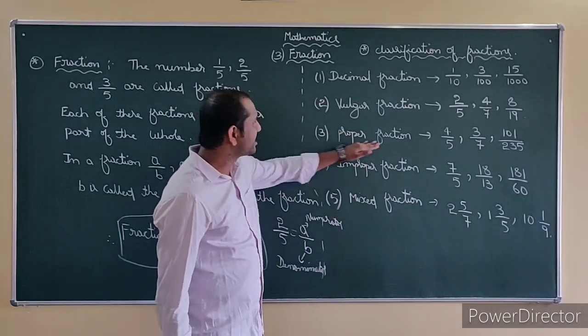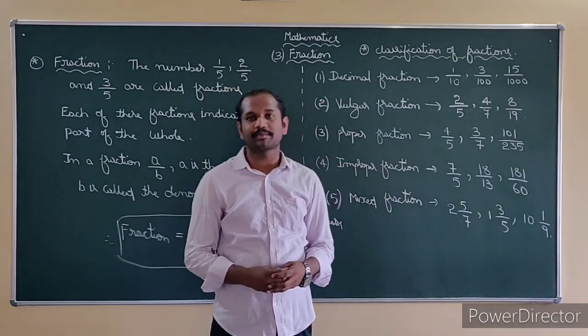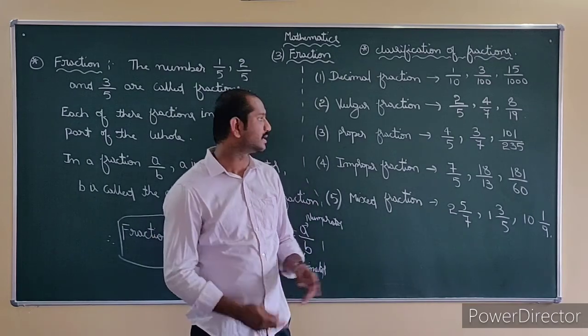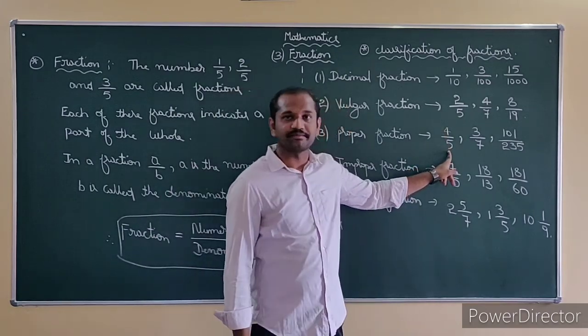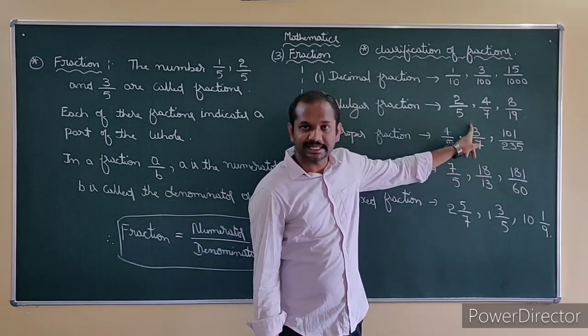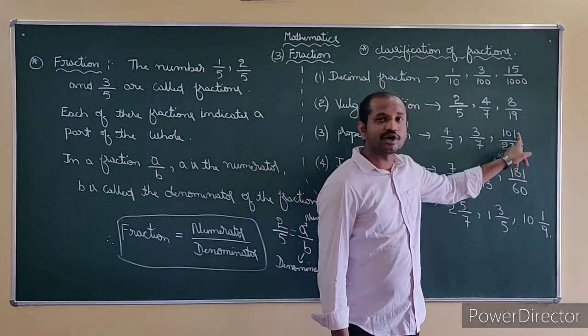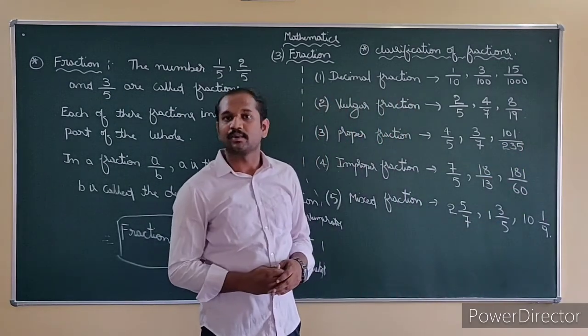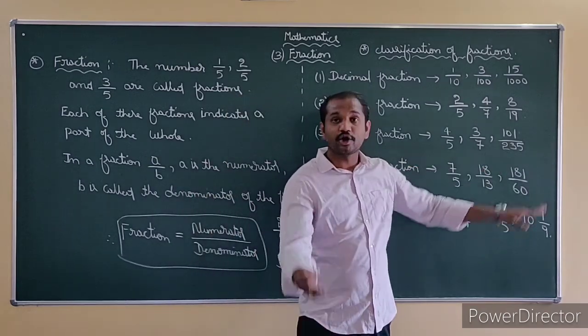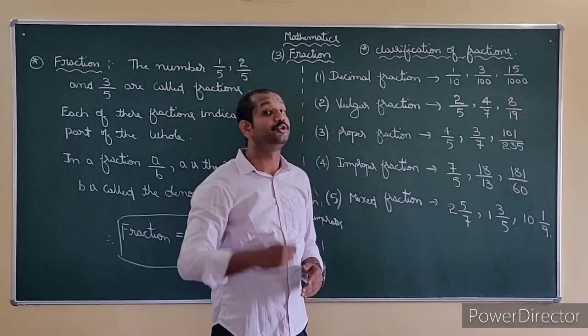Next we have proper fraction. What do you mean by proper fraction? The denominator is always greater than the numerator. For example, 4 by 5: 5 is greater than 4. 3 by 7: 7 is greater than 3. 101 by 235: 235 is greater than 101. In a proper fraction, the denominator will always be greater than the numerator.